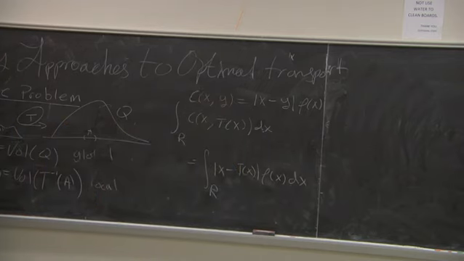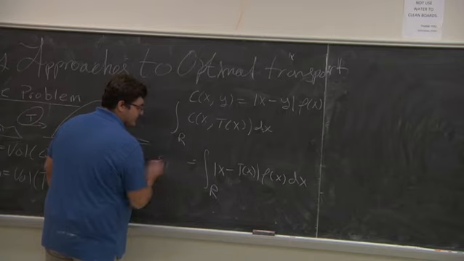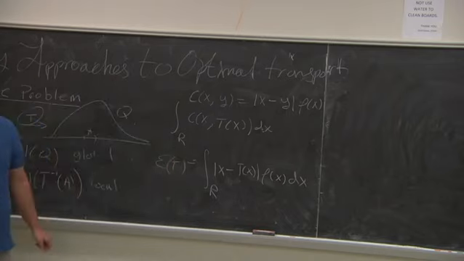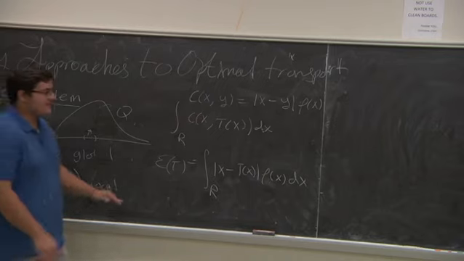Right. So this is an energy. If you think about an energy, we're minimizing an energy, it's a cost, same idea. So I'm just going to denote it with epsilon of T. It takes a function, an optimal transport map, and gives us a number. So it's a functional, and what we're trying to do is minimize this.